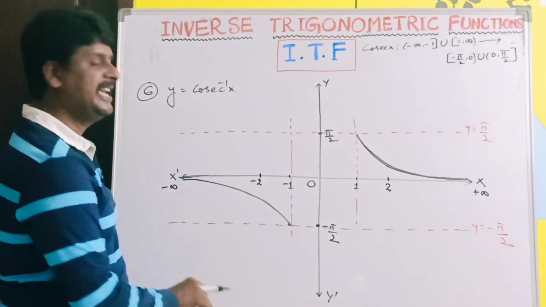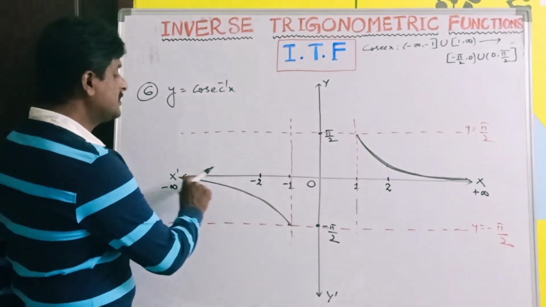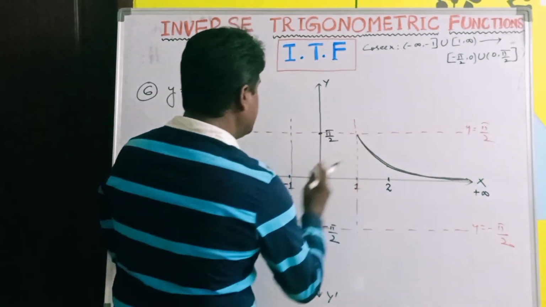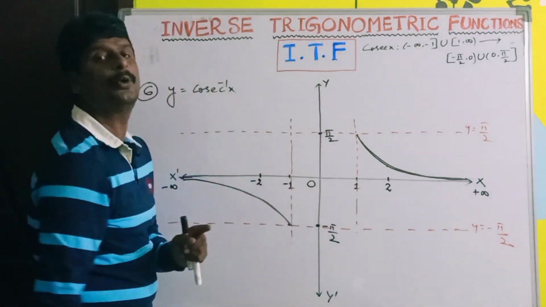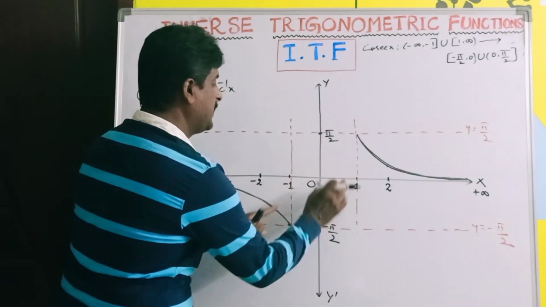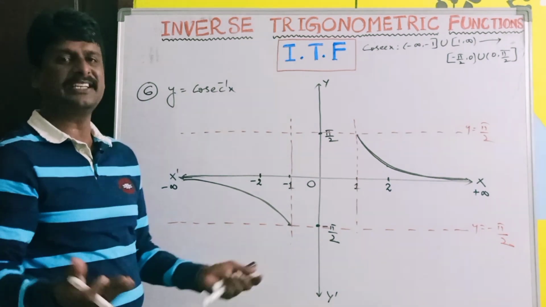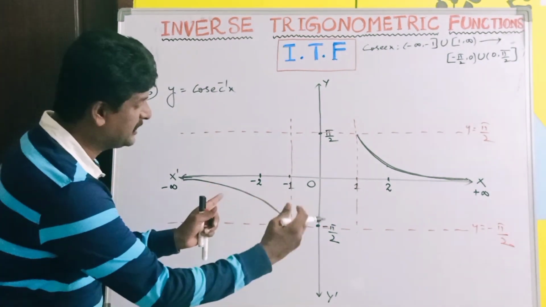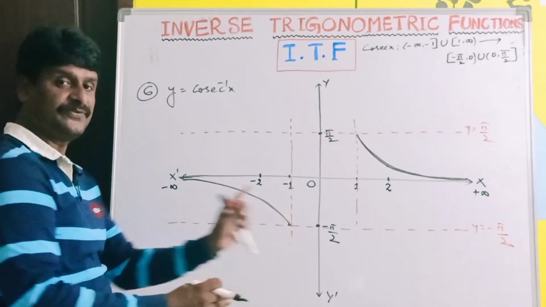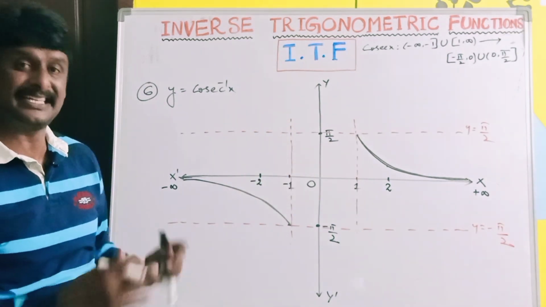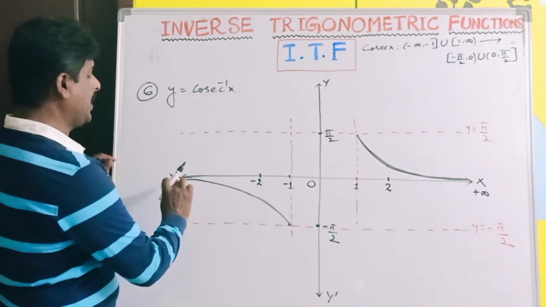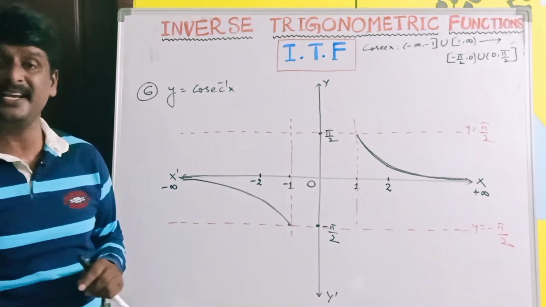I am saying that it is continuous on its domain. The domain is everything except this region. Between minus 1 and plus 1 there is no graph, meaning cosecant inverse x does not exist between minus 1 and plus 1. Minus 1 to the left side and plus 1 to the right side exist. That is its domain. In that domain, cosecant inverse x is continuous.